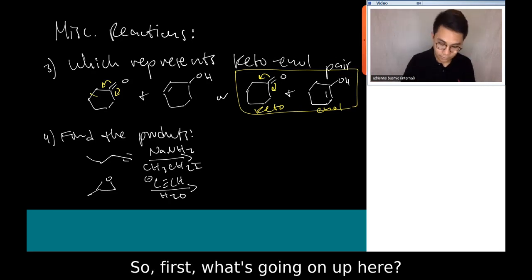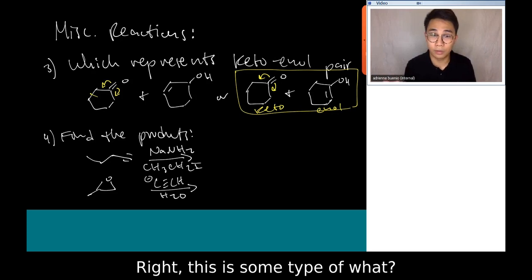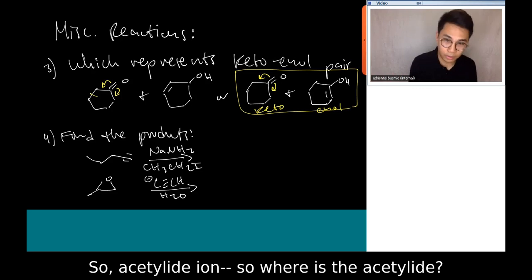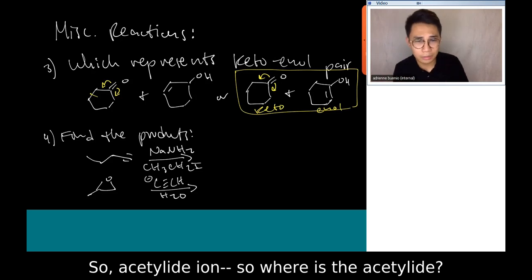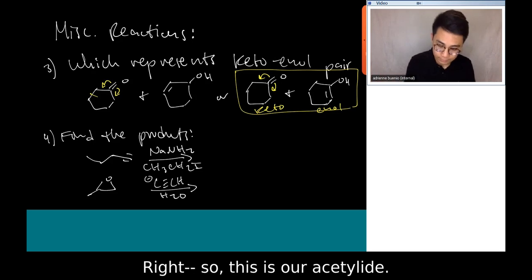Okay, so this one, these two are kind of crazy. So for first, what's going on over here? What should be going through your head? Right, this is some type of what? Acetylide ion reaction, right? So where is the acetylide? Right. So this is our acetylide.